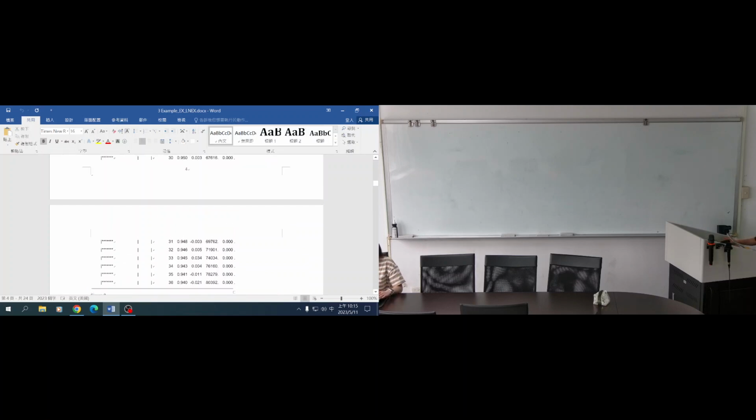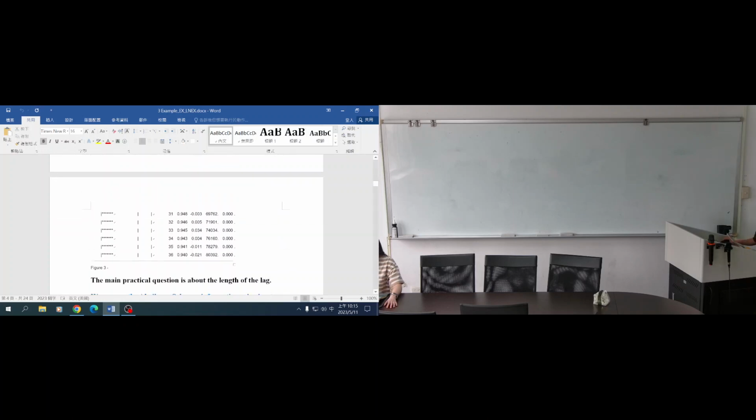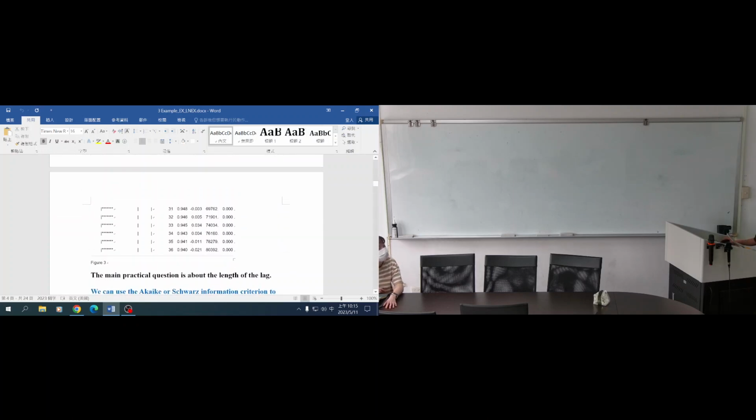Even at lag 30 it is 0.95. So it's highly correlated, okay? Another question is how many lags we have to look at, or how many lags we choose to see the correlations. Usually we can decide by some criterion. Okay? Yes.